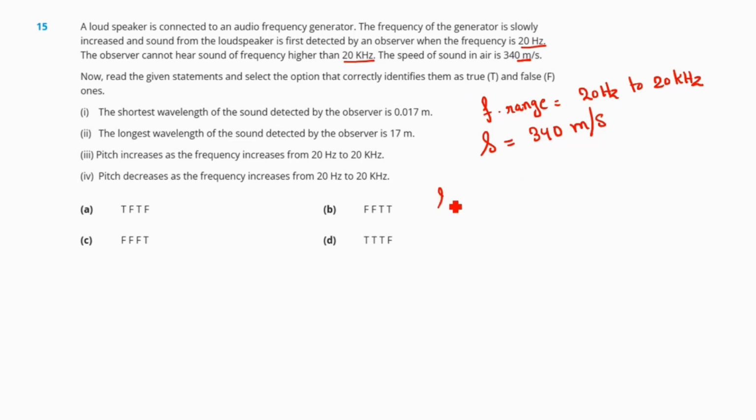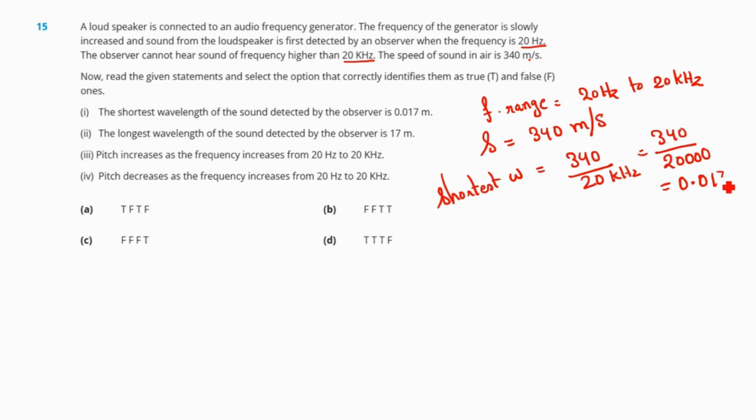So let's understand the shortest wavelength. It will be 340 divided by 20 kilohertz. That means 340 divided by 20,000. So this will come around 0.017 meter.